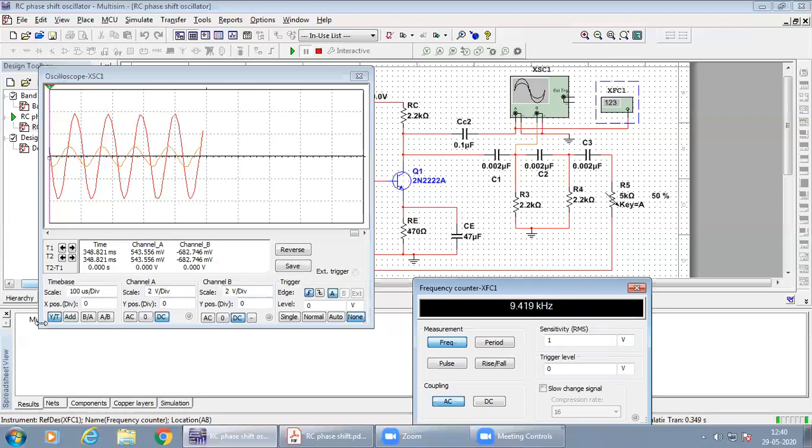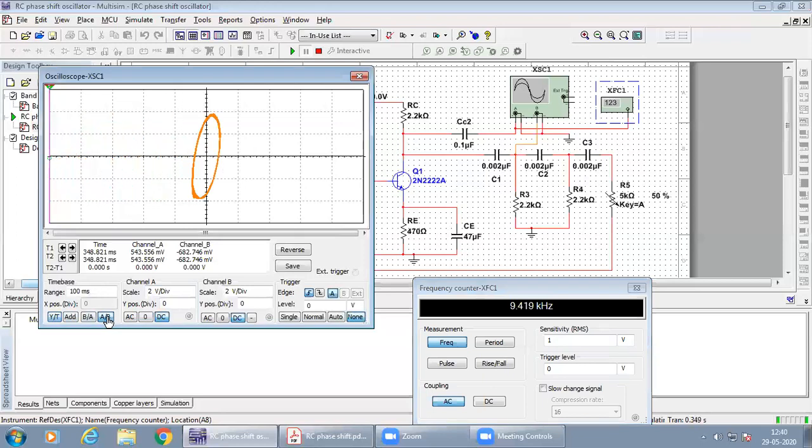In order to measure the phase shift, you can use the A by B mode. So we get this phase shift figure. Both channel A and channel B scales are in the same volt per division. It's approximately 1.6 and 1.9.